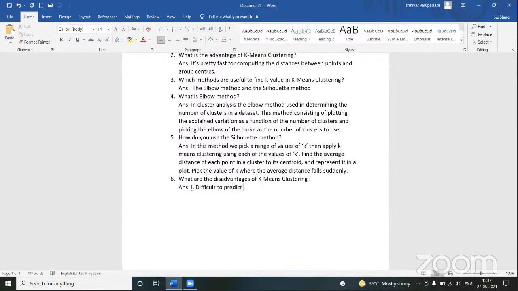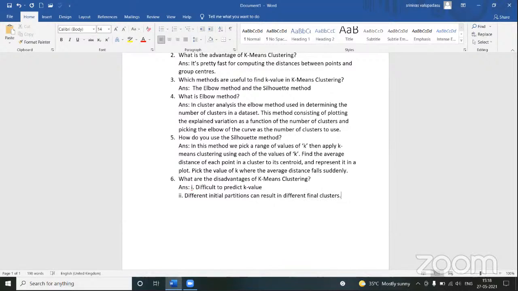Difficult to predict K value. Second one, different initial partitions can result in different final clusters.